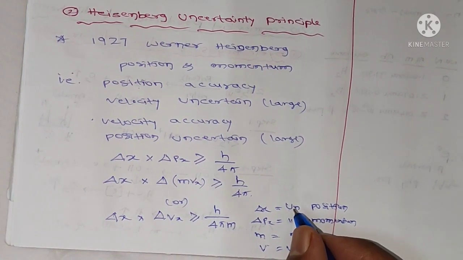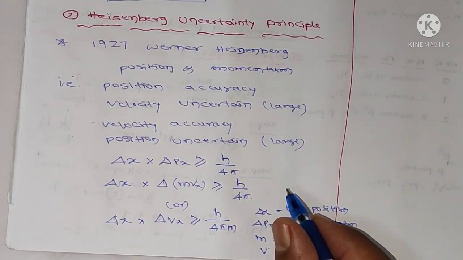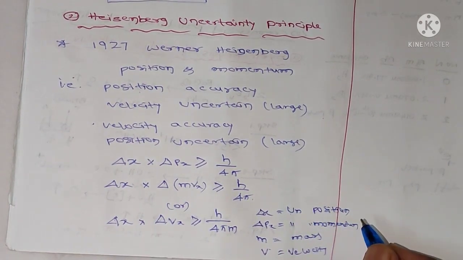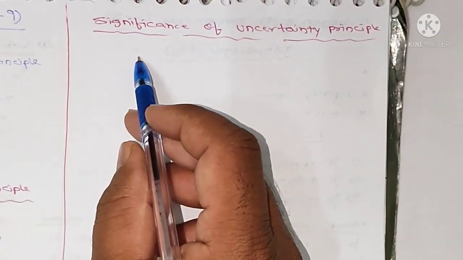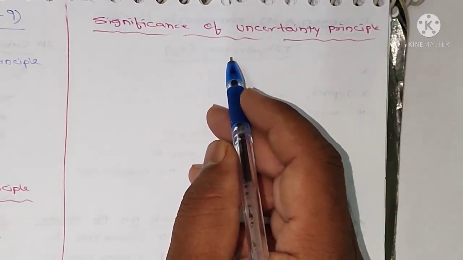In 1927, Werner Heisenberg stated that it is impossible to determine the exact position and exact momentum of an electron simultaneously. Next one, significance of uncertainty principle.